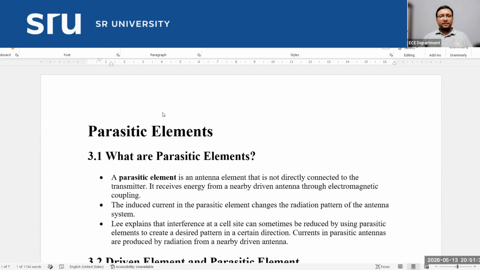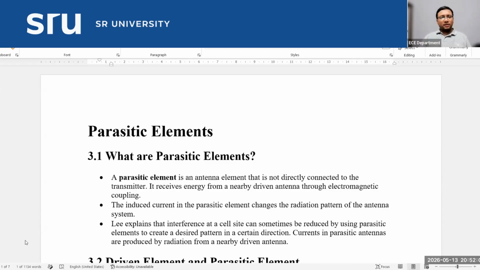Welcome to today's lecture on the second unit of our cellular and mobile communications. In the last lecture, we discussed the role of antenna in cellular communication and how the radiation pattern modification is necessary to reduce the effects of co-channel and adjacent channel interference.